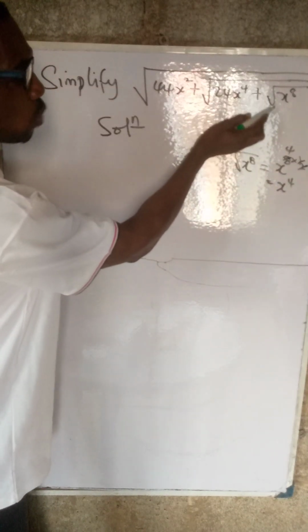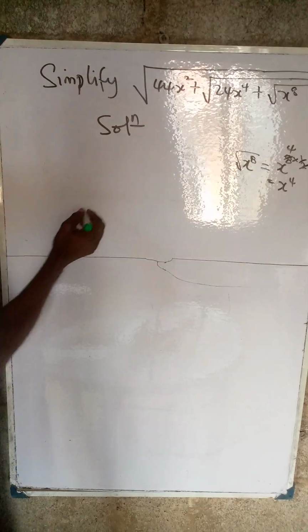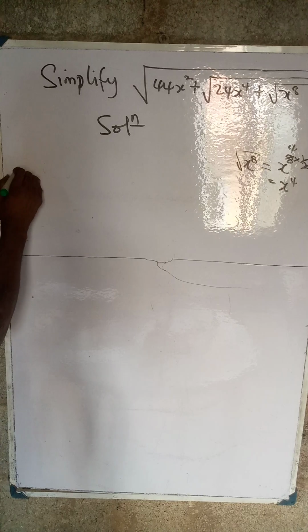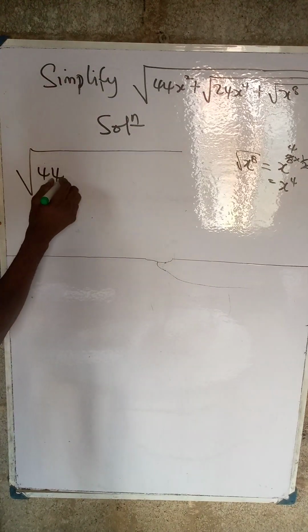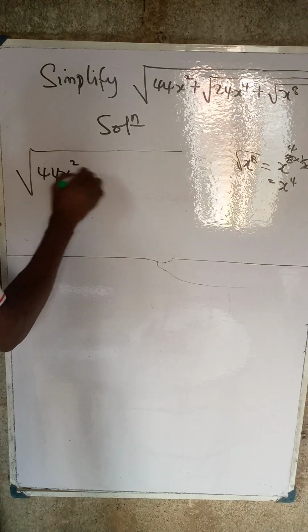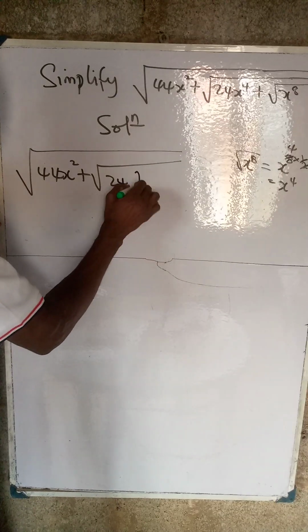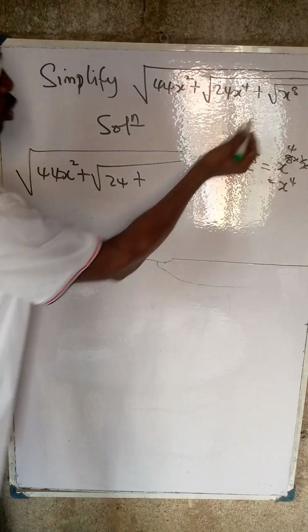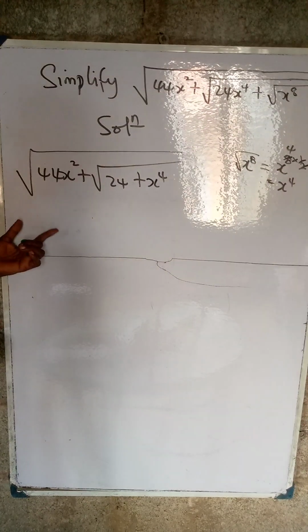The square root of x raised to the power 8 becomes x raised to the power 4. So I'm going to have root 44 x raised to the power 2 plus root 24 plus root x raised to the power 8 becomes x raised to the power 4.